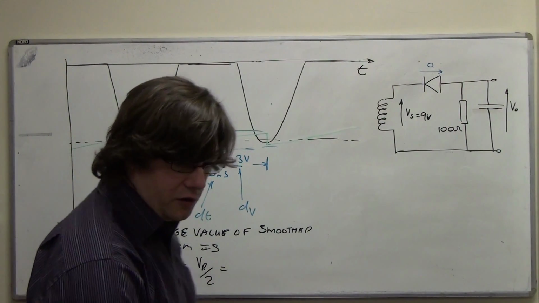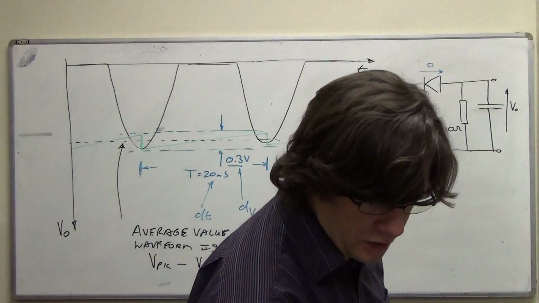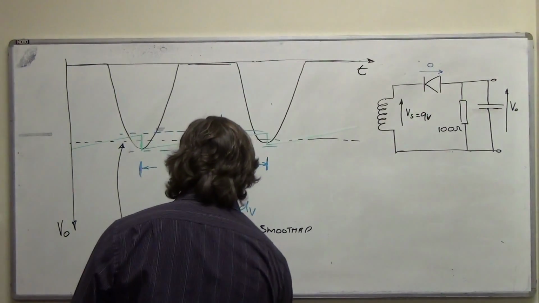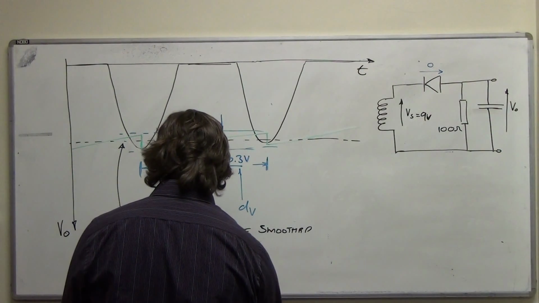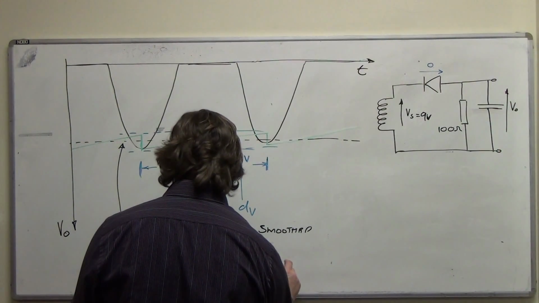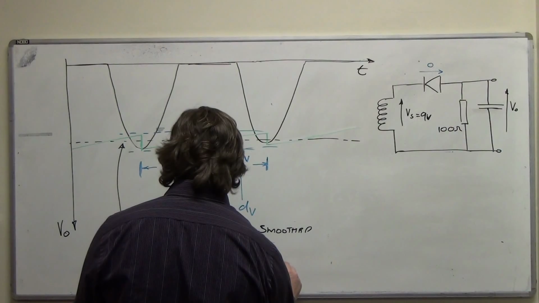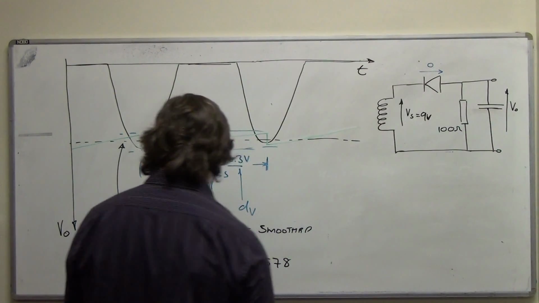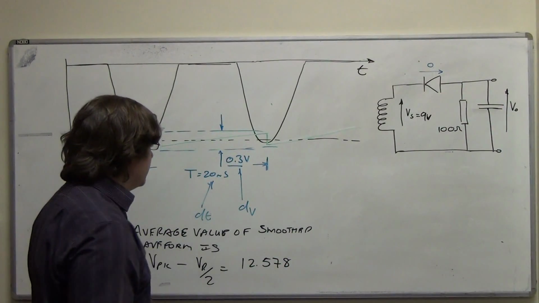So that leaves us with 12.57, and it's actually 8 because it's 779, so it rounds up to 12.578.